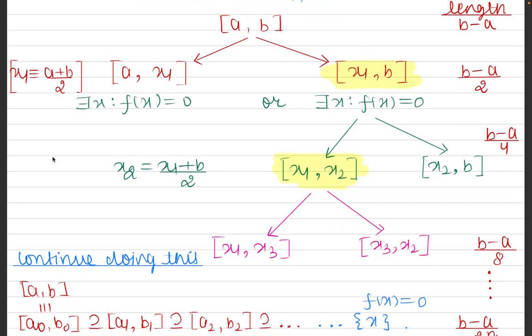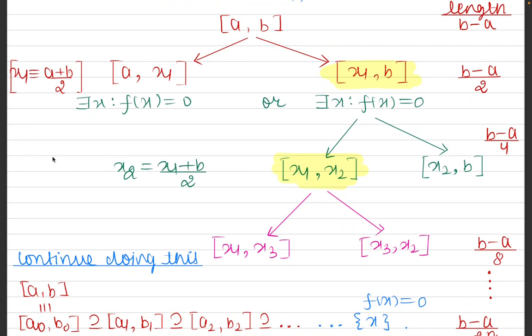Now you see at a, we are just fixing one thing. At a, let's say f of a was positive, and f of b was negative. So if f of x1 is non-zero, then either f has a positive value at x1, in which case the root will lie in this interval.